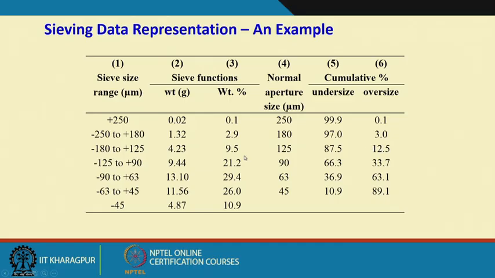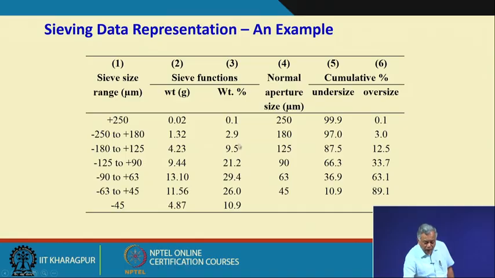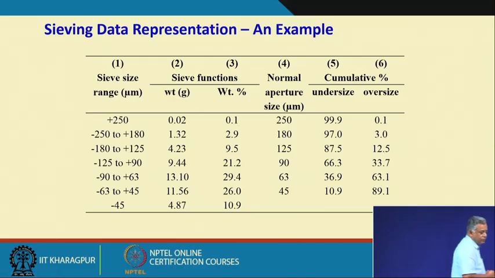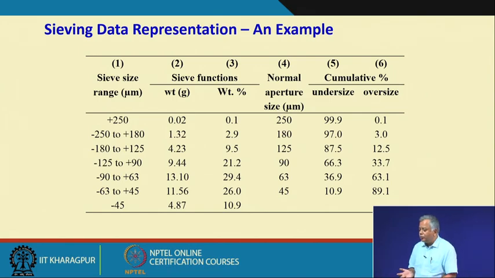It is not 9.5, we have to add them together because I have not discretized them on top of this size. And once 12.5% is retained, how much will be passed? How much will be the passing size percentage? It will be 100 minus 12.5, so that is 87.5%.